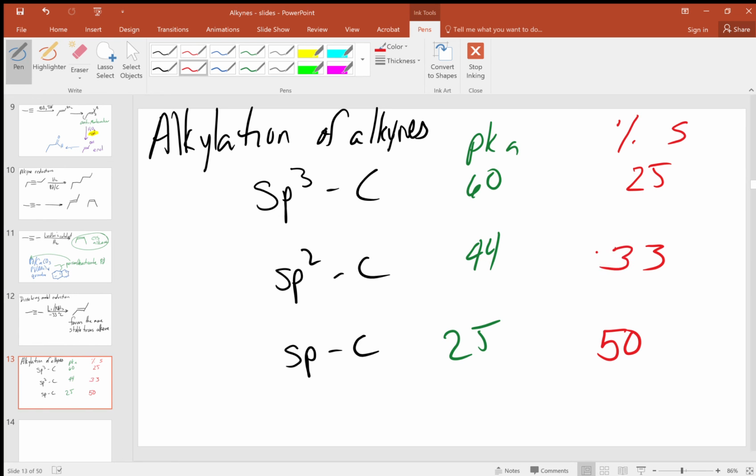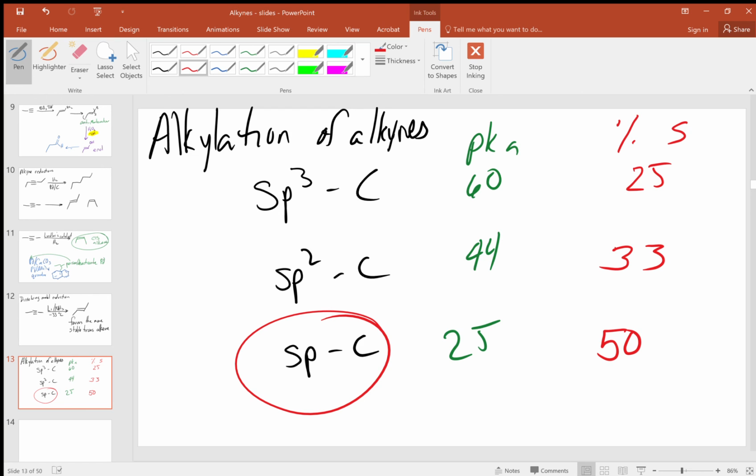And this is true because when we form a cation, generally the cation means we have an empty p orbital. But if we have a carbanion, those usually don't rehybridize. And so that extra s character contained in an sp orbital means that those extra electrons, that negative charge, is more tightly held to the nucleus and is more stable.